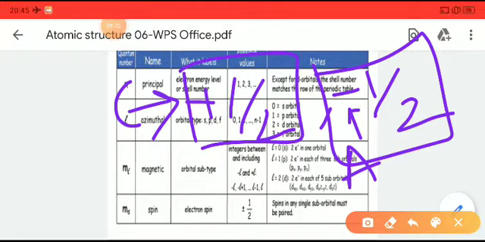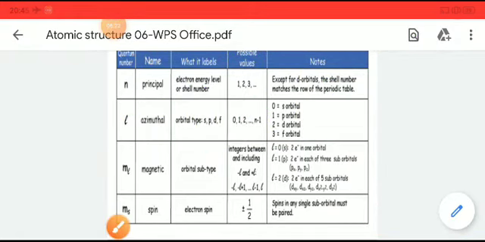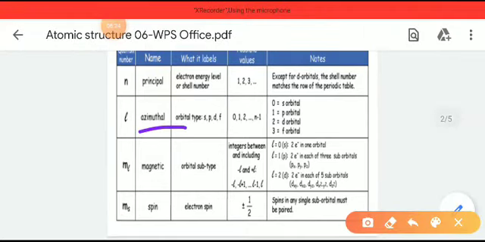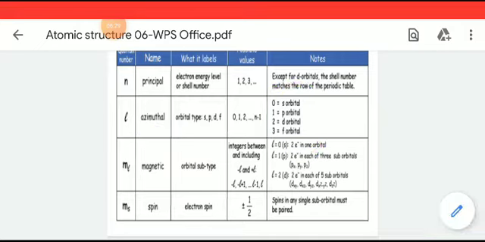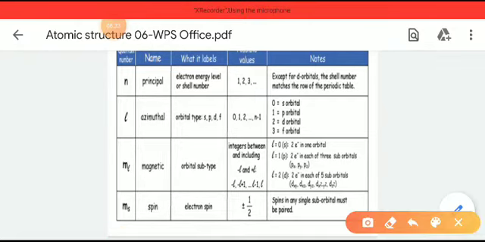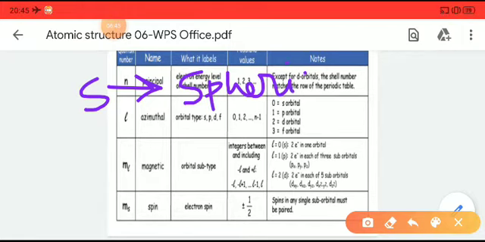As we know, the azimuthal quantum number is subdivided into 4 orbitals, that is S, P, D, F. So we will now discuss the structure or the shape of the orbitals. Remember, the name S orbital came from spherical, because it is spherical in nature.